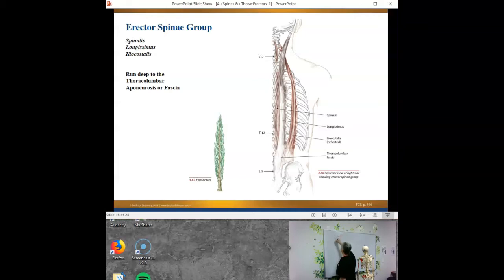This isn't going to really look like it, but let's say this is a spine. Those are your vertebrae. By the way, there's the little spinous processes. The spinalis essentially hooks to the spinous processes.